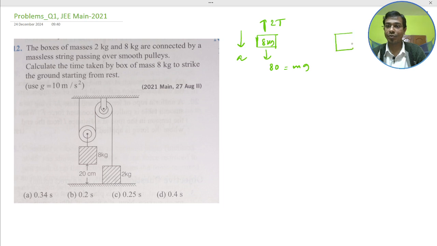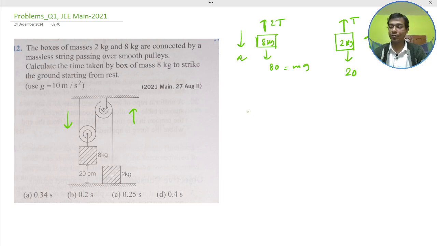Second, for the 2 kg system, this is T, and this is 2g, and the acceleration is upward, 2a. Just see here, 2 kg, this would be the T, 2g, and this is m into a, 2a. This is going up, this is going down.